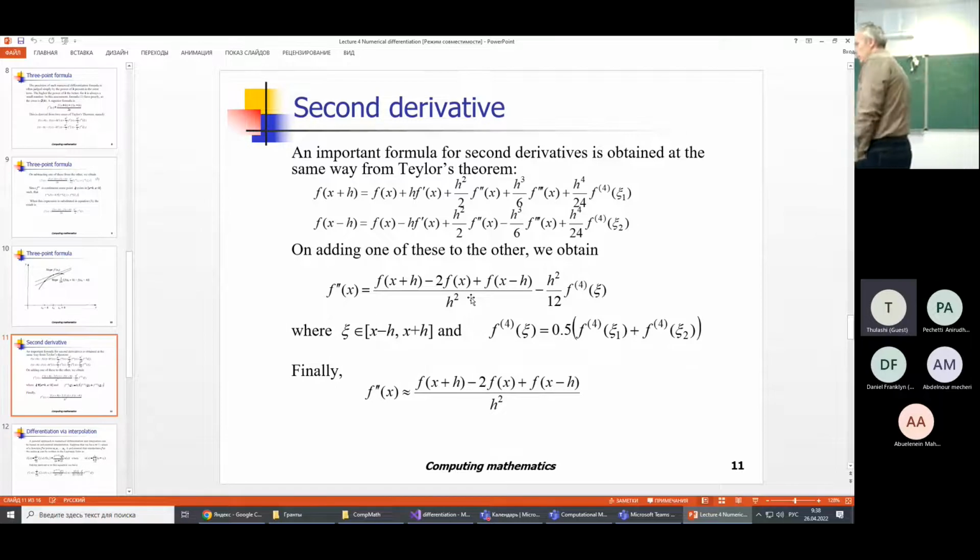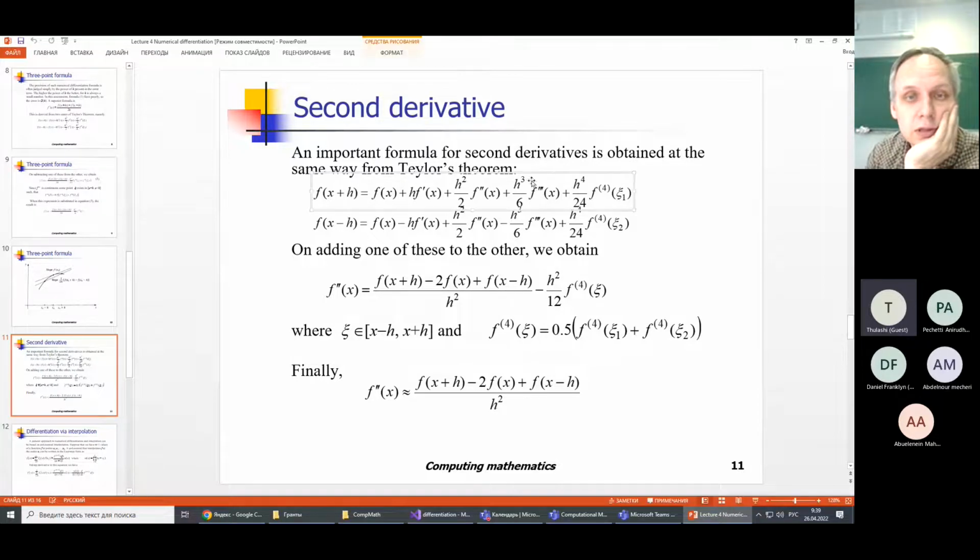And we can get this estimation on the basis of Taylor's theorem. Here you may see two particular cases of Taylor's formula.